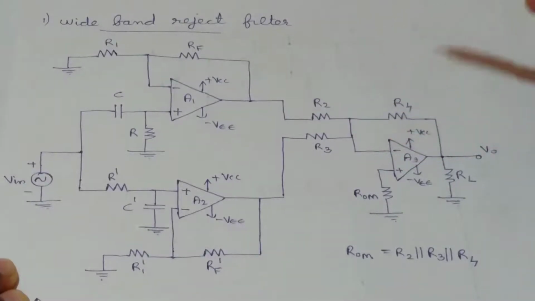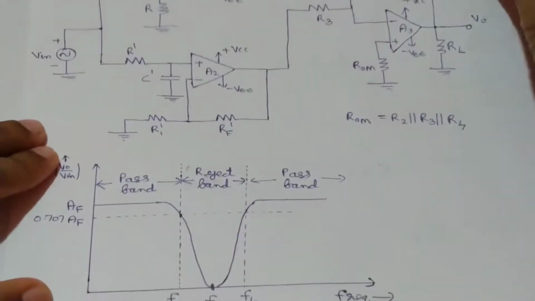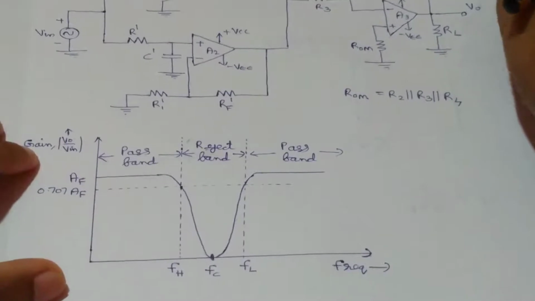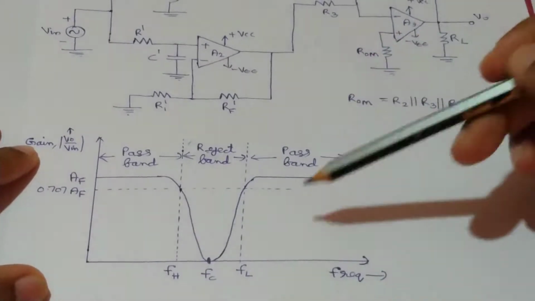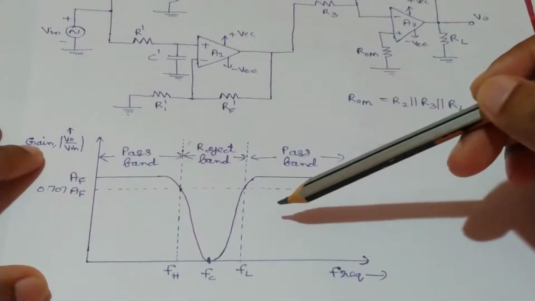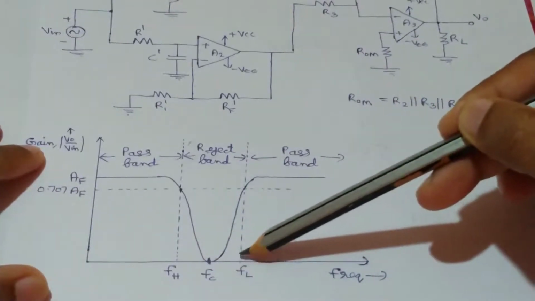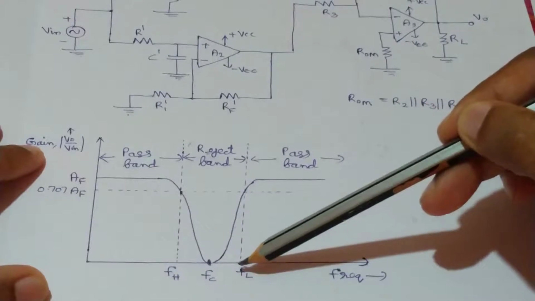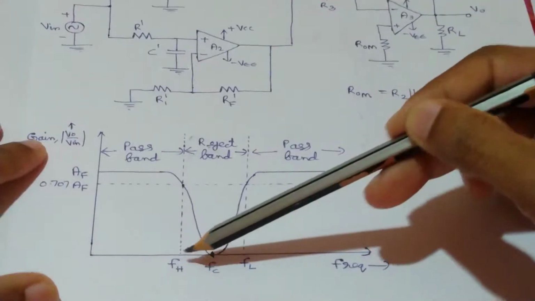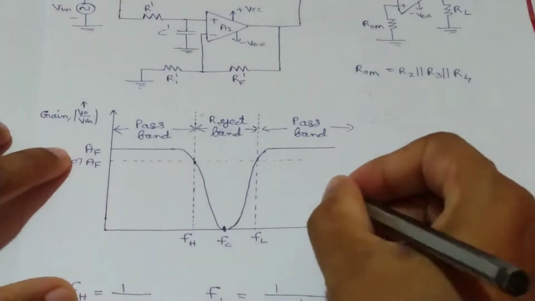Okay, now when we consider the frequency response of this wide band reject filter, this is the frequency response. Here we can see it rejects the frequencies between these two cutoff frequencies. And here FH value should be less than FL.